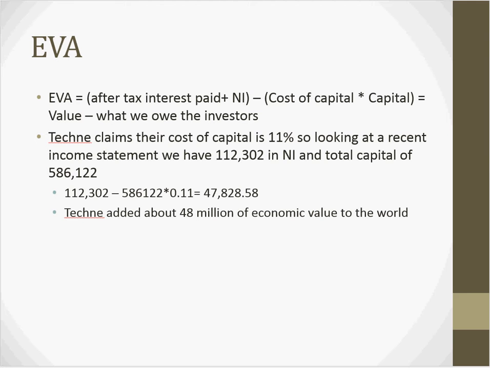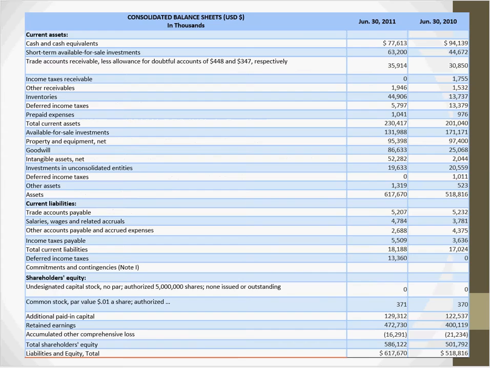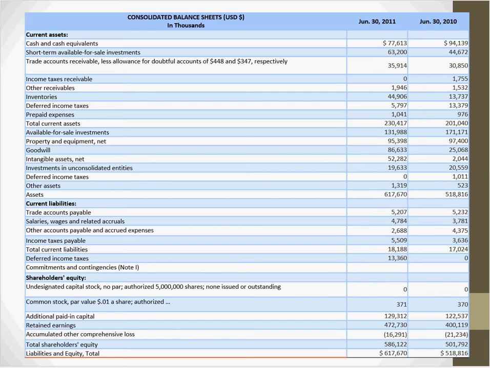Now, Techne doesn't have any debt, at least the long-term kind. So if we go back up to the Techne sheets here, you can see down in that first 2011 balance sheet column, all the way at the bottom, there's a total shareholders' equity number of $586,122. So there's $586 million of equity contributed by the shareholders.